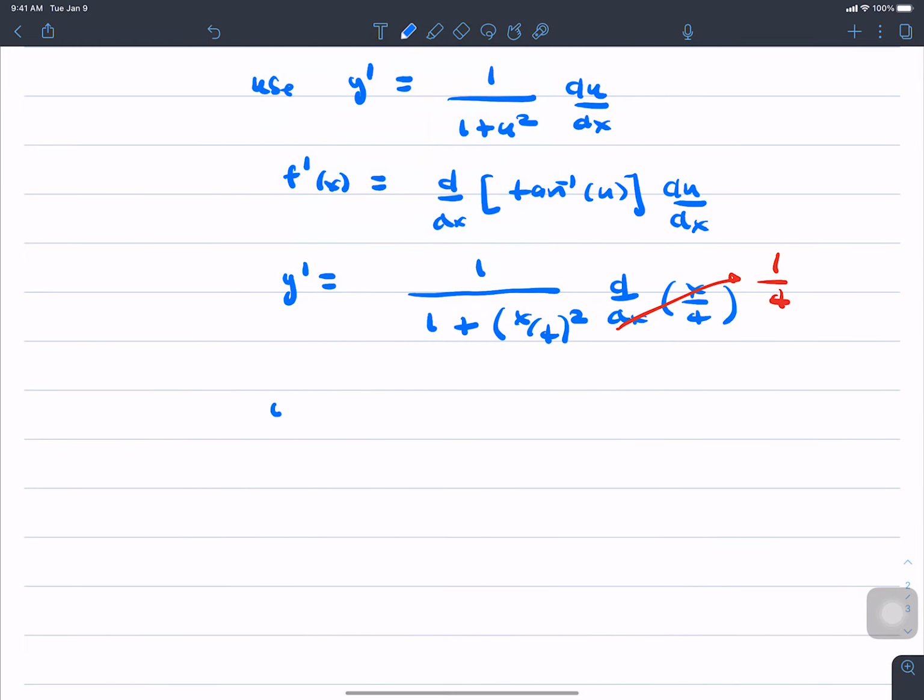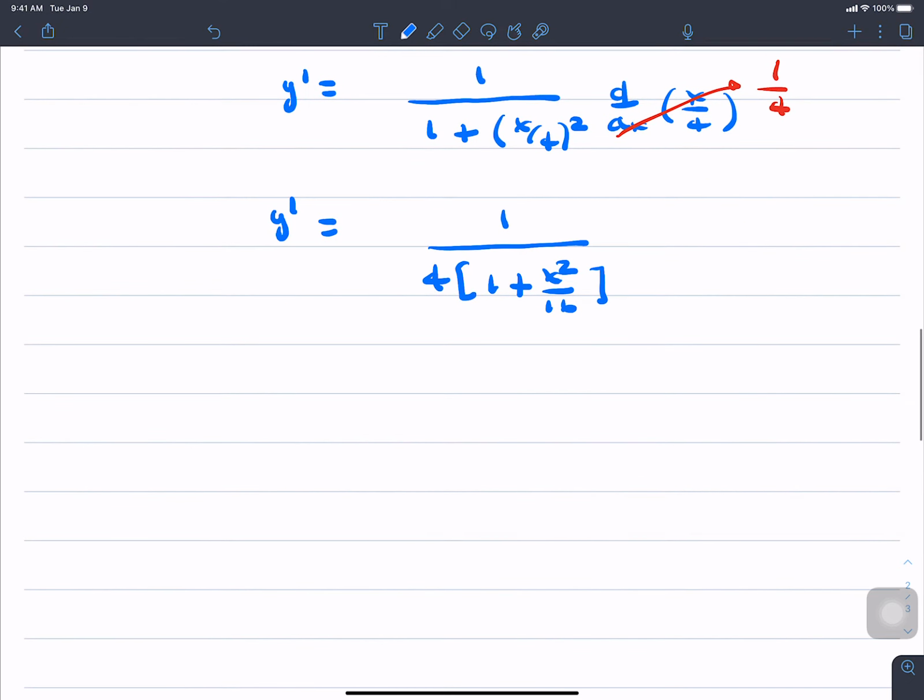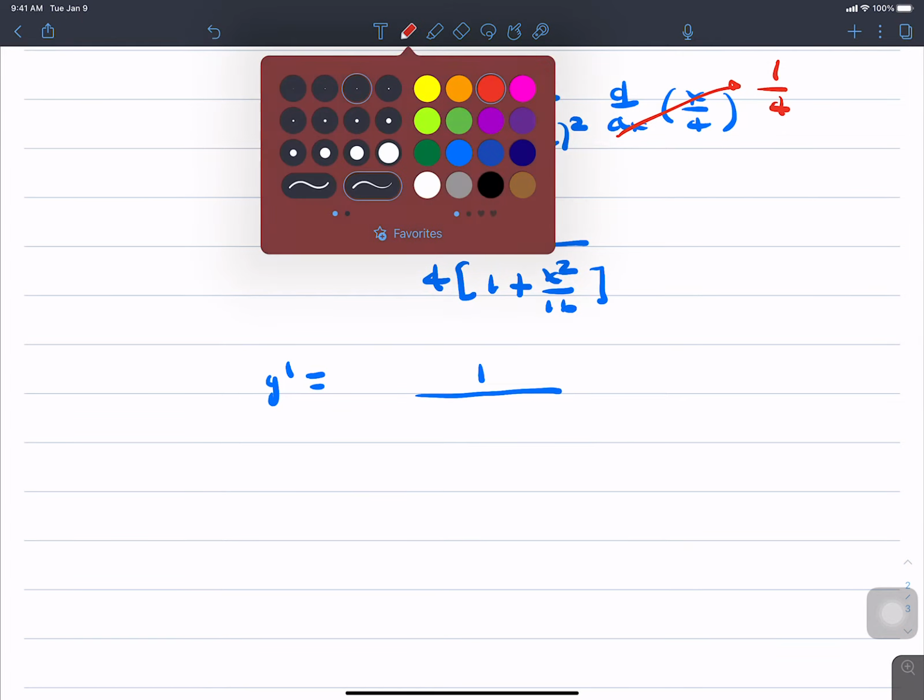And now y prime becomes 1 over that 4 times 1 plus x squared over 16. So we get 1 over, now distribute that 4. Right, we're going to algebraically simplify this.